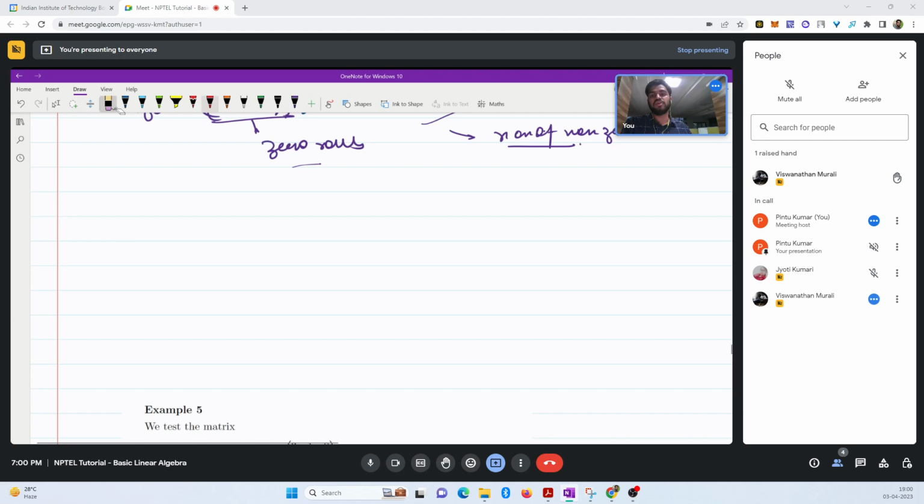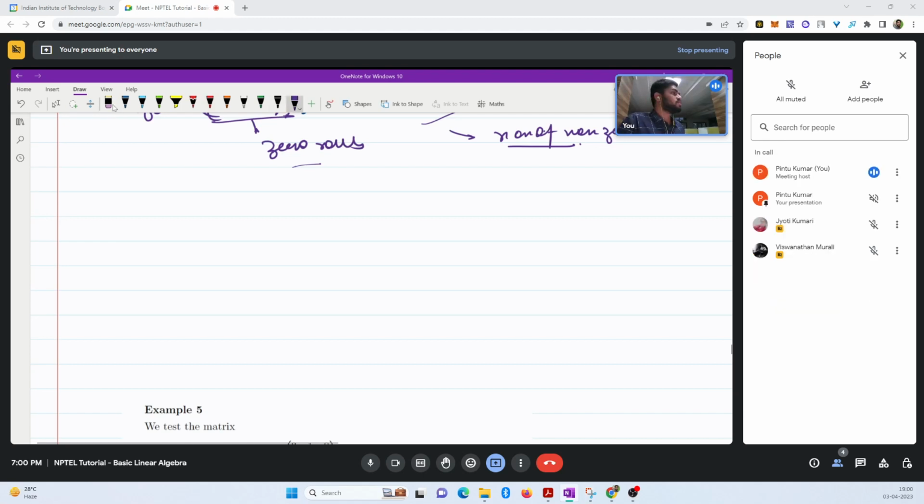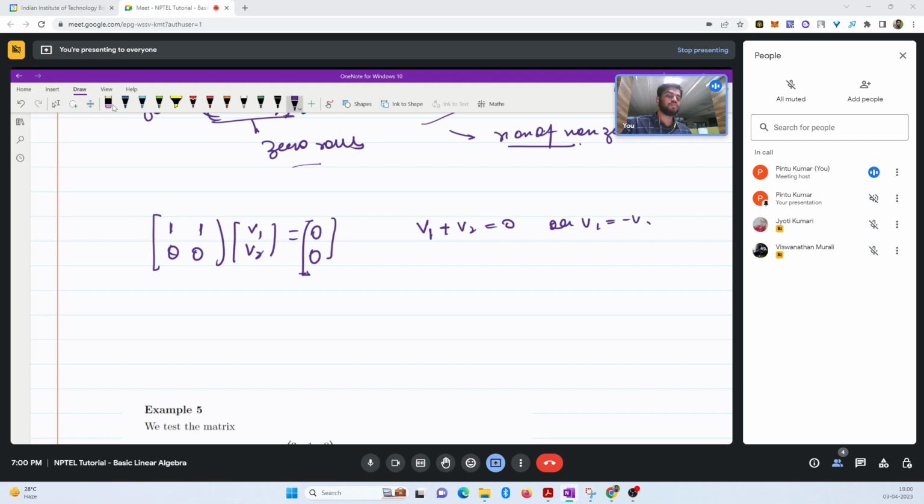See, you can have more than one solution. I'll give you a very simple example. Let's say you have the matrix with rows 1 1 and 0 0, and this times v goes to 0 0. How many solutions can you have? Anything that satisfies v1 plus v2 equal to 0, or v1 equal to minus v2, is your solution.